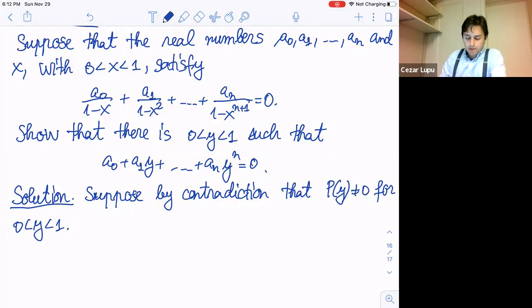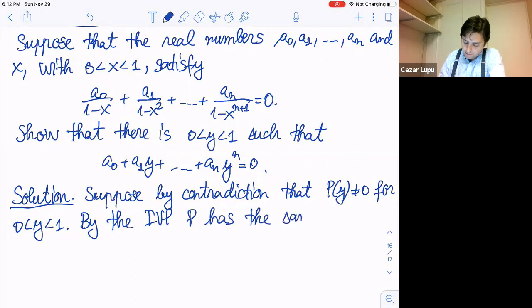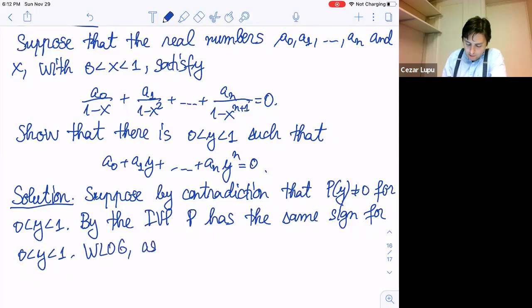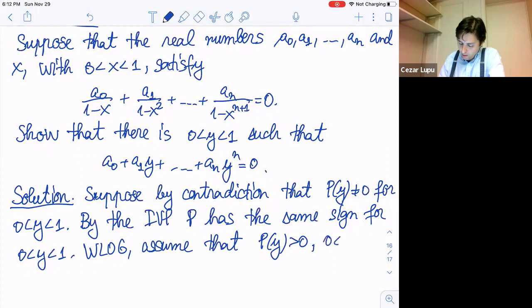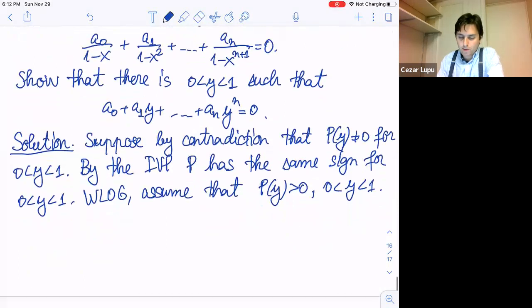Okay, that's good. But we know that this is a continuous function, so any continuous function will have the intermediate value property. So by the intermediate value property, P has the same sign for all y between 0 and 1. And now without loss of generality, let's assume that P of y is greater than 0 for y between 0 and 1. Okay, so we know this.